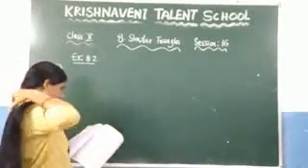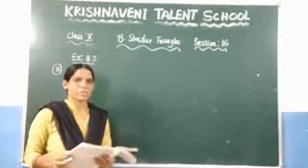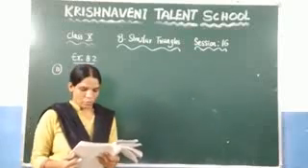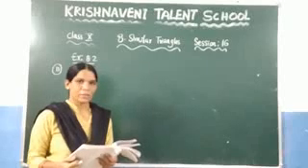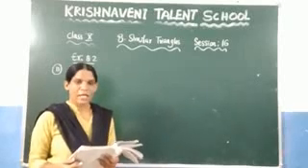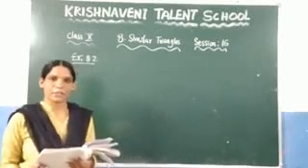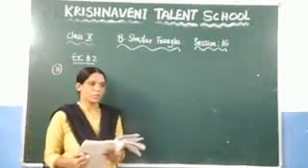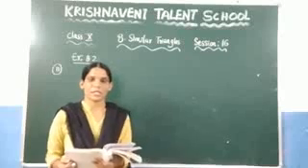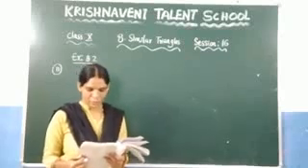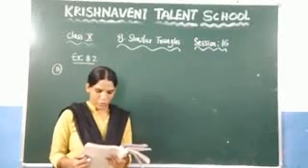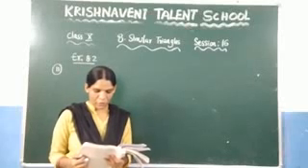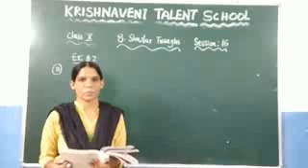What is the question given here? Construct an isosceles triangle. You need to construct the isosceles triangle. Here, what is given? They have given the base, which is 8 centimeters, and they have given the altitude. Altitude is nothing but the height of the triangle given. So you need to construct the isosceles triangle by taking the base and the height. And after that, you need to draw the similar triangle by taking the ratio 1/2 times of their corresponding side.